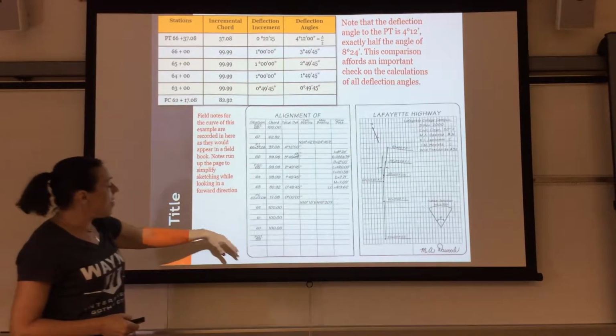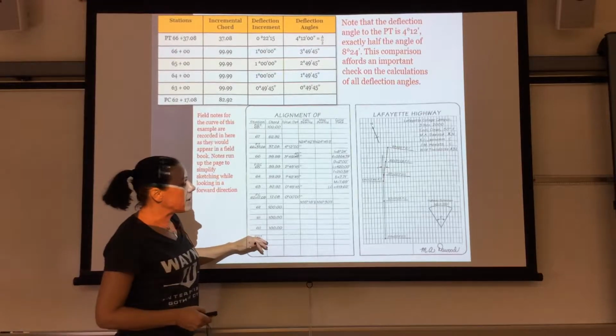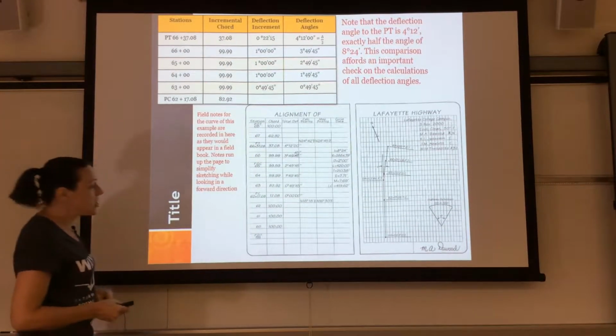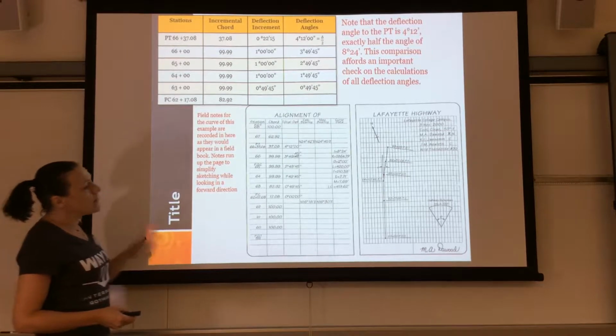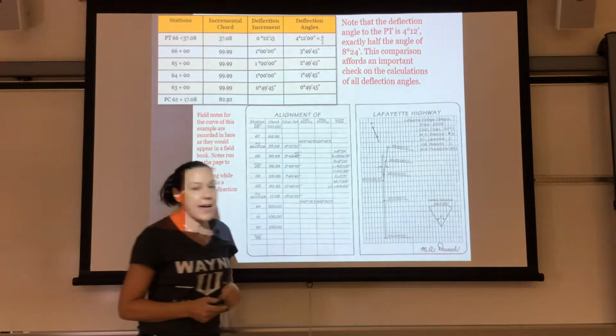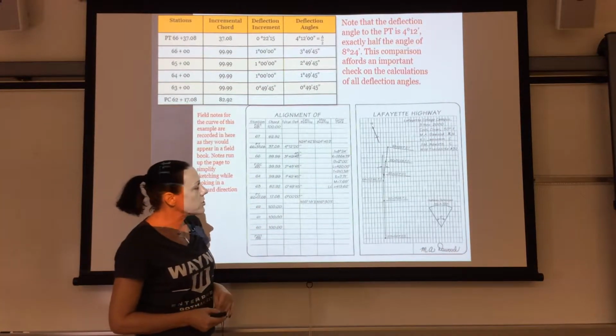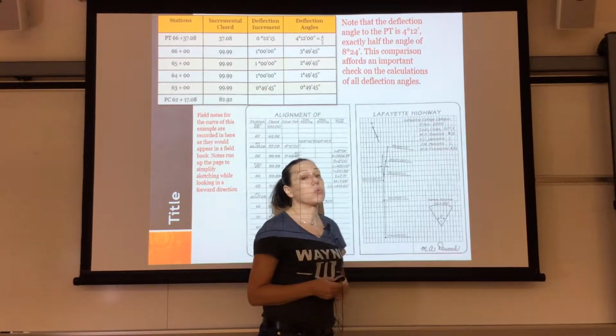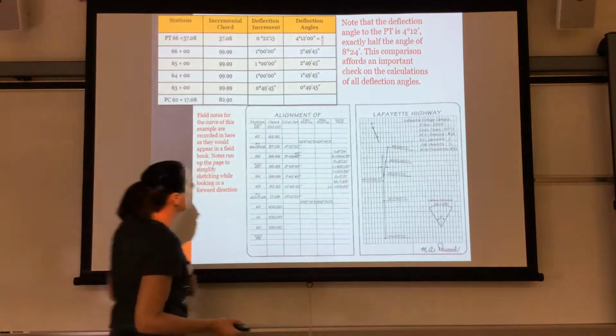So it starts out at the beginning, down here on the lower end, and rises for our stationing. Something you should be aware of is how we're laying out curves. We'll be going over more of that in future lectures, but whether we are curving to the right or curving to the left, that is really big when we start doing the chord calculations.